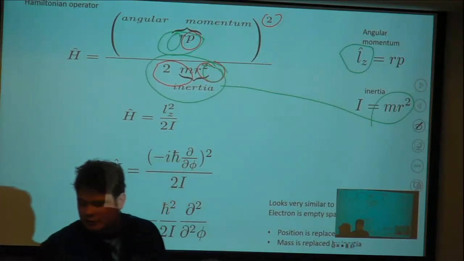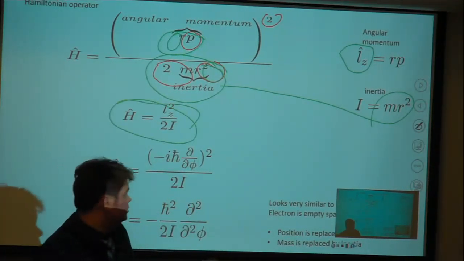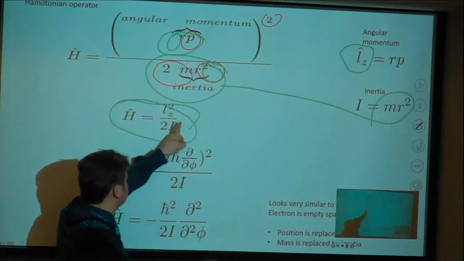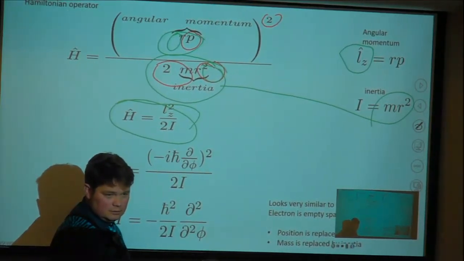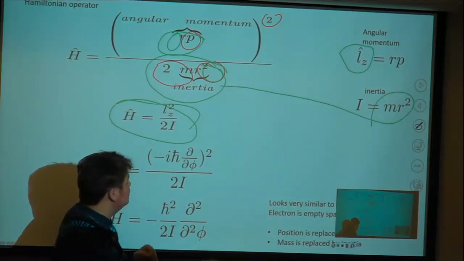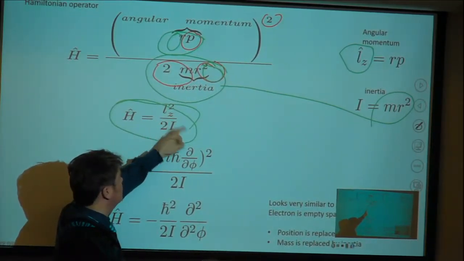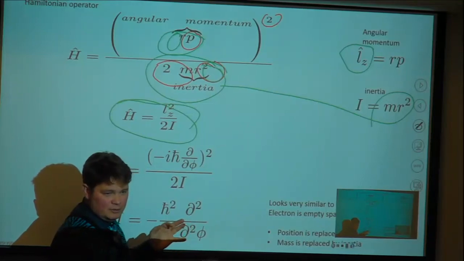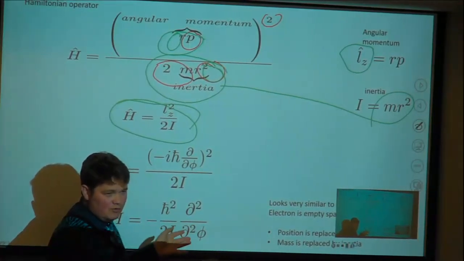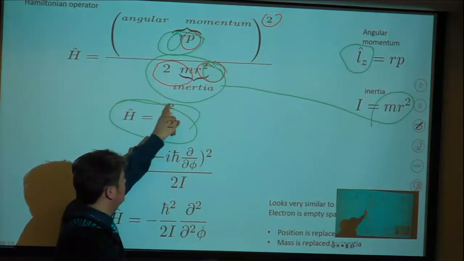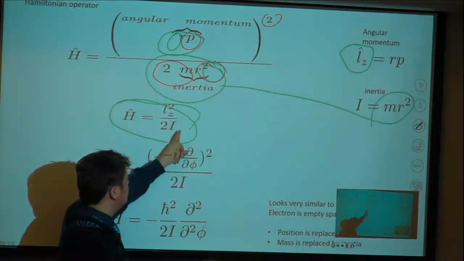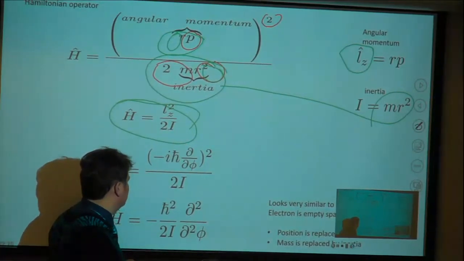And then the Hamiltonian is recast in different variables. So angular momentum squared over twice the inertia. By functional form, it is the same form as before. P squared over 2m. Measure of motion over twice measure of inertia. Here, measure of angular motion squared over measure of inertia.